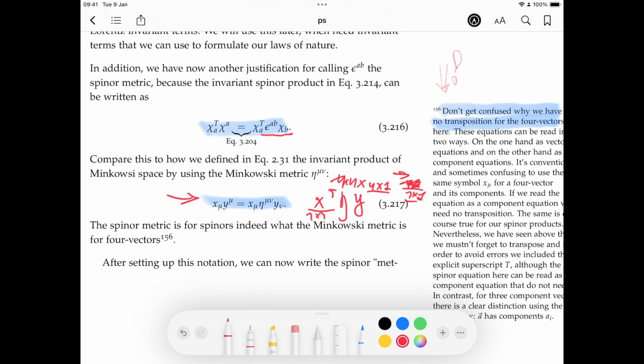But with transposition, maybe it's just not to forget about the right transformation behavior. I don't know, but I guess that's the main reason. I'm not sure why we're not putting transposition here also. Maybe we should put it.